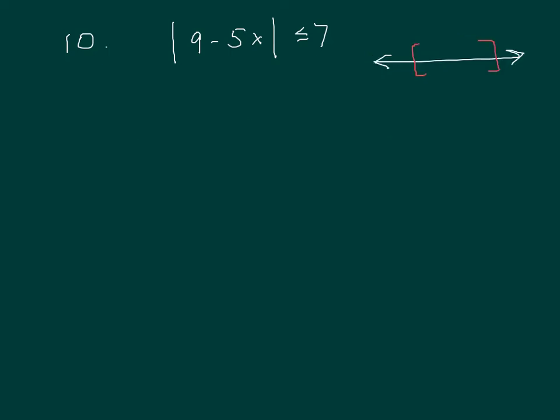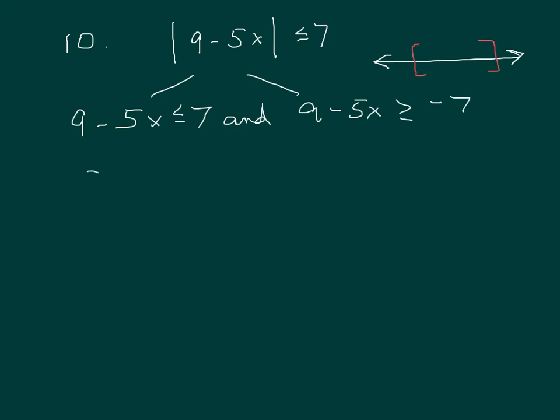We'll go about solving this and finding out what numbers go here and here. In one case we have 9 minus 5x is less than or equal to 7. Also, when you have a contained interval, 9 minus 5x has to be greater than or equal to negative 7.